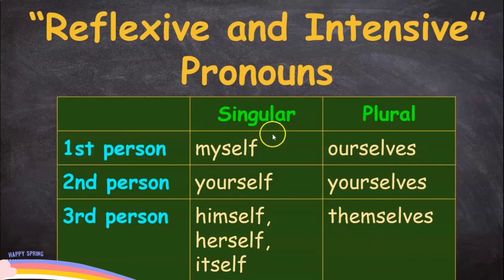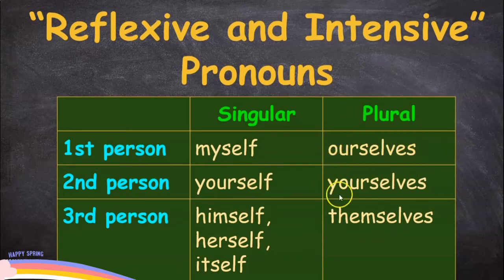We have here the first person singular is myself. Second person singular is yourself. Third person singular, himself, herself, and itself. Next we have the plural first person is ourselves.